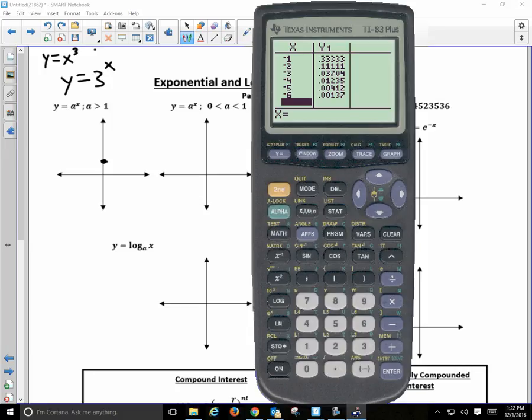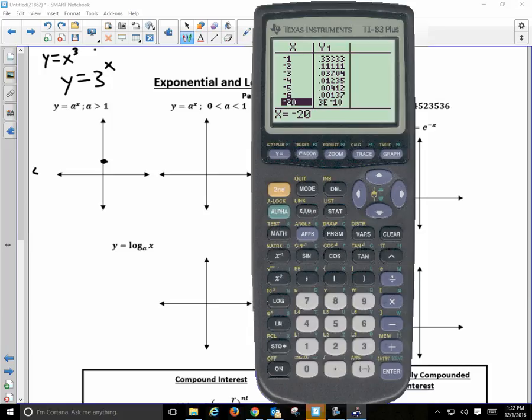So what's happening to the y values now? Getting ridiculously small. In fact, they're getting very close to what number? 0. Yeah, in fact, if you type in, say, -20, you get 3 times 10 to the -10th power. That's a 3 with 9 zeros in front of it. It's getting very close to 0, but it won't ever cross over.